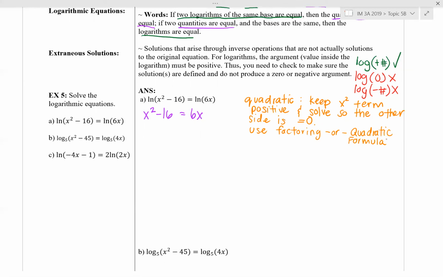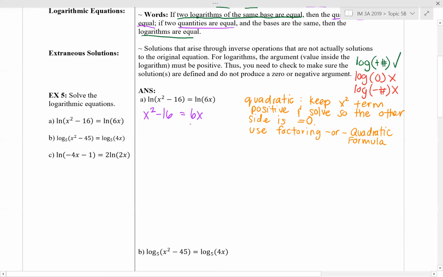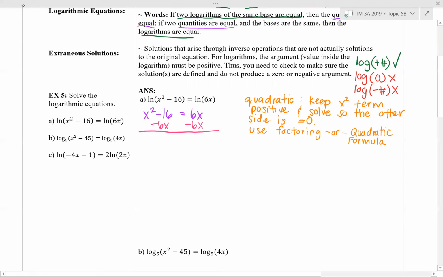In this case, my x squared term is positive on the left, so I want to leave it there. I'm going to subtract 6x from both sides. Remember that this might just be rearranging where I don't have any like terms that I can actually combine, and this is the case here. I want to write it in standard form, so I have x squared minus 6x minus 16 is equal to 0.